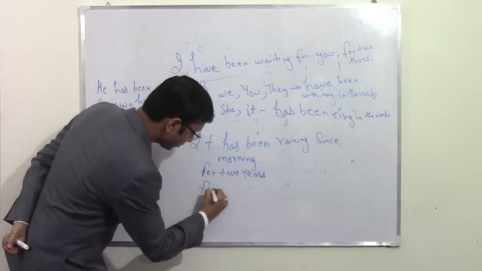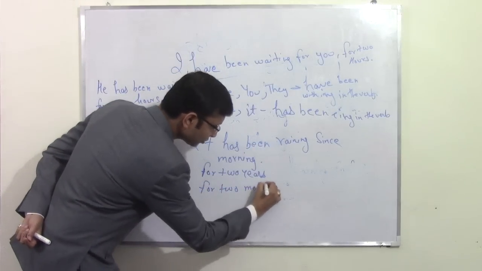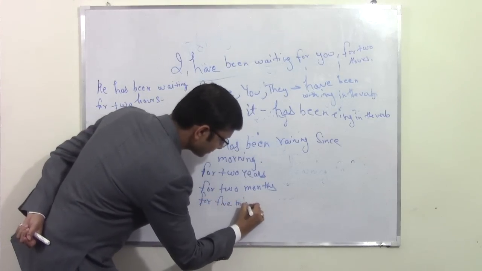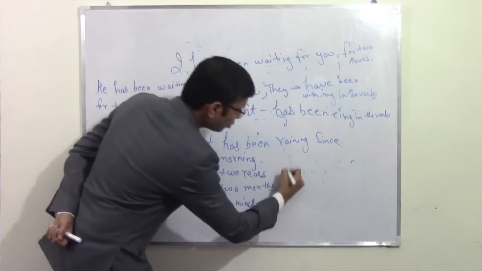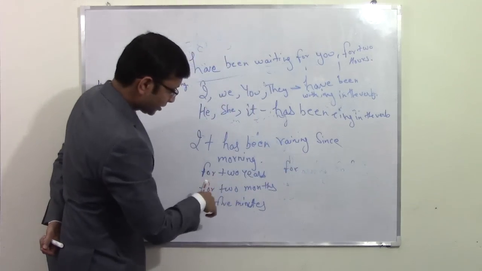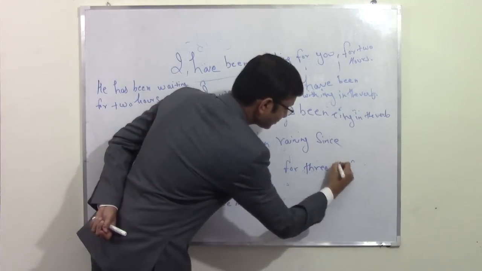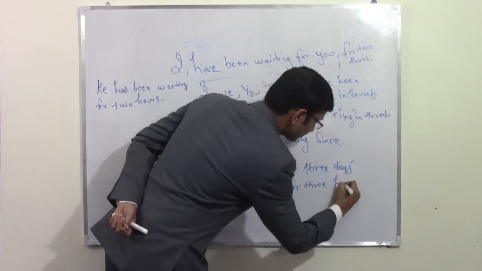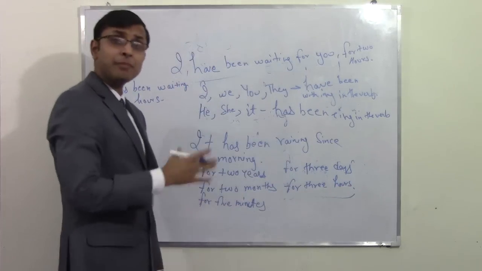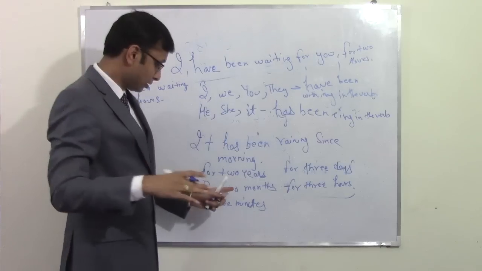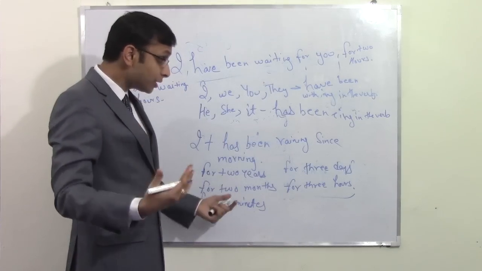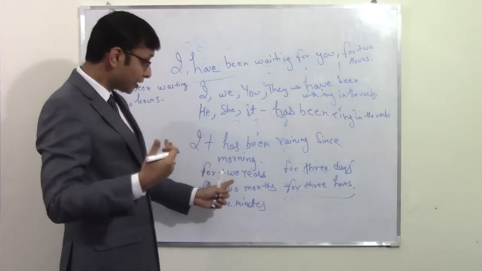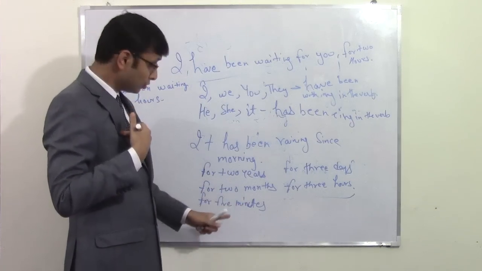For 2 years, for 2 months, for 5 minutes, for 3 days, for 3 hours. Because this time is not fixed, this is the amount of the time. 2 साल से, 2 महीने से, 5 मिनट से, 3 दिन से, 3 घंटे से. I've been waiting for you for 2 years. I've been waiting for you for 2 months. I've been waiting for you for 5 minutes.